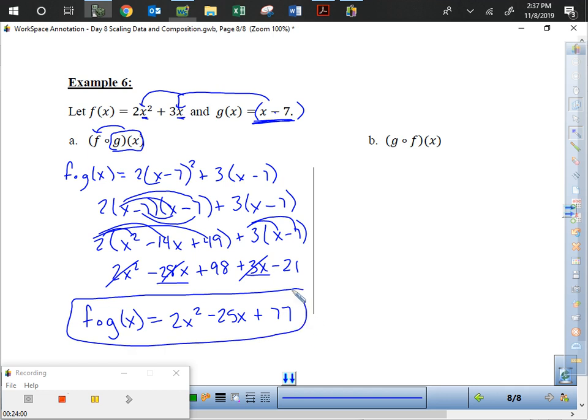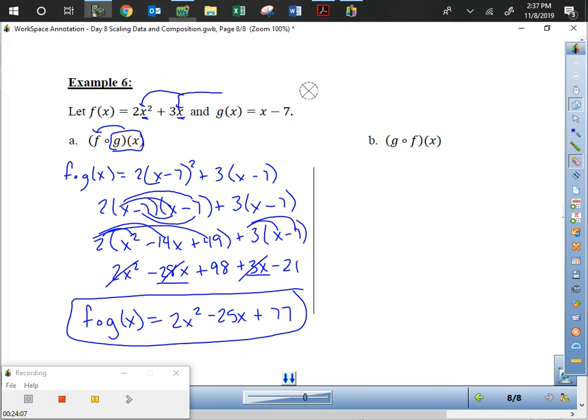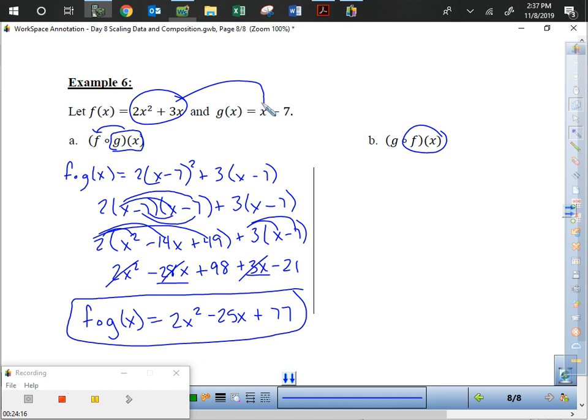Okay. The next one's a little bit easier, going the other direction. I'd like you to pause the video and try that one for me. This time we're taking this and subbing it in. The reason this one's easier is because we don't have to actually simplify very much here. Okay, it says x minus 7.